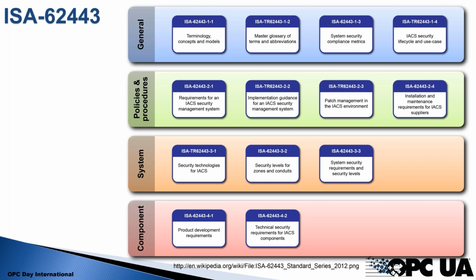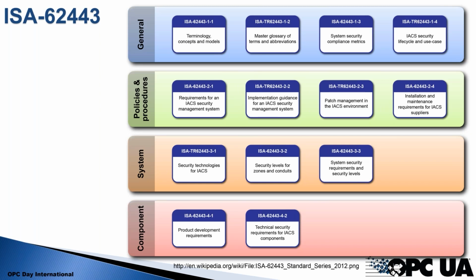It has standard policies and procedures for how to implement security. And this standard isn't just about current running systems, it's about the life cycle of the model, from patch management and deployment through decommissioning. It has the entire life cycle of security.